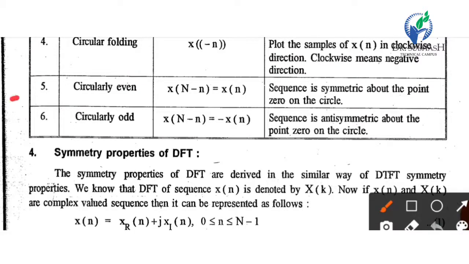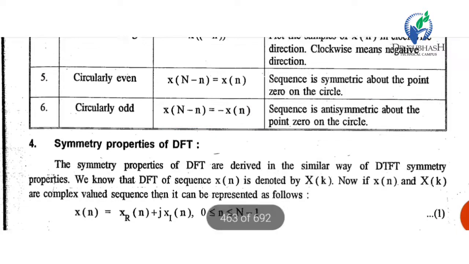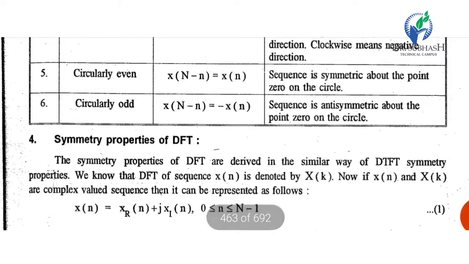Next, circularly even: x of N minus n equals x of n, so the sequence is symmetric about the point 0 on the circle. Circularly odd: x of N minus n equals minus x of n, so the sequence is antisymmetric about the point 0 on the circle. So this is the symmetry property.